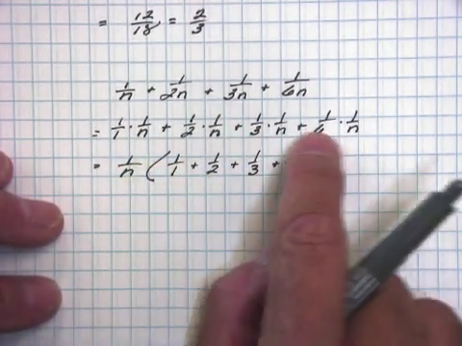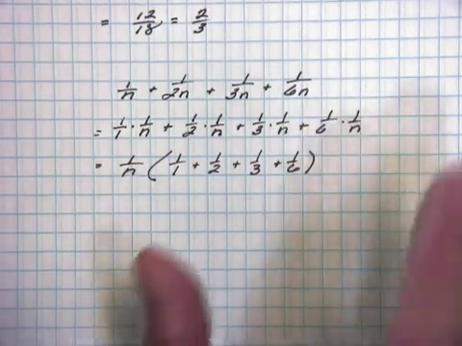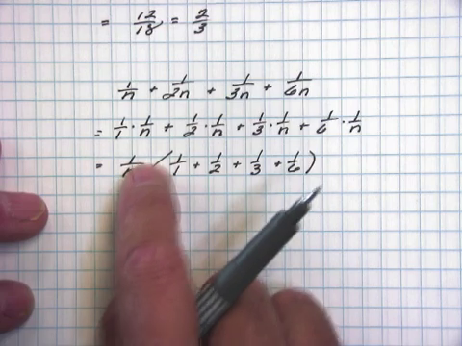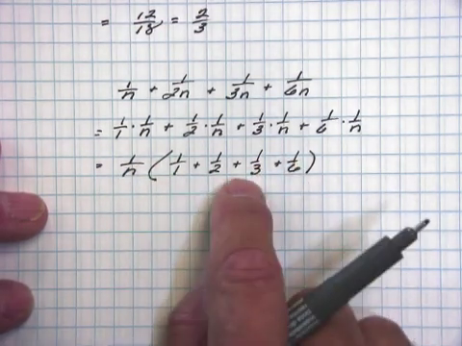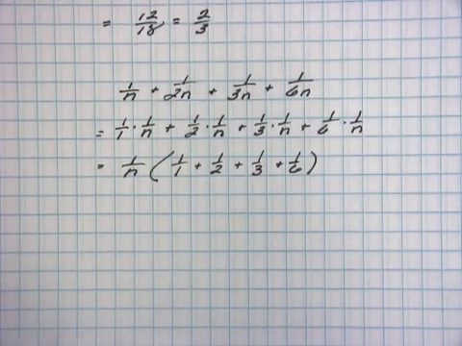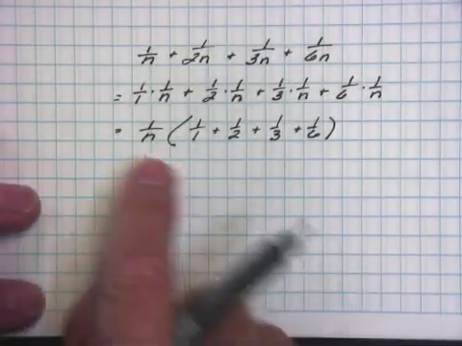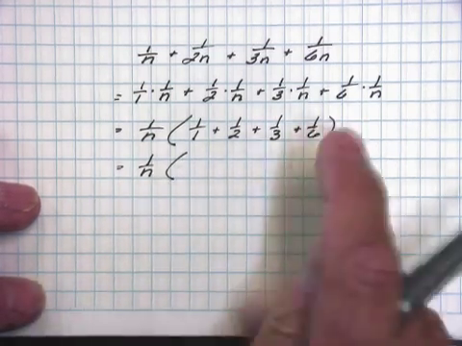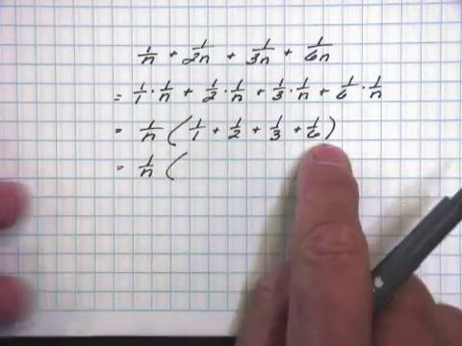Now, just to convince yourself this is true, if I were to distribute 1 over n to all four of these fractions, I would get the line above. Okay? So if you need to, pause the video and convince yourself that by factoring out 1 over n, I get this, and this line is still equivalent to the line above it. If you have to, pause the video.